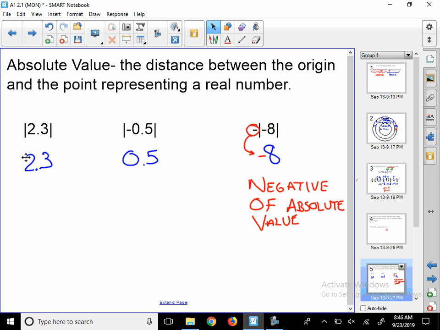Absolute value does turn everything positive, so it turns the negative 8 inside positive, but because there's that negative outside as well, it says take it, make it positive, but then make it negative again. It guarantees that absolute value stays negative. So be careful on that. Pay attention to that for your homework.